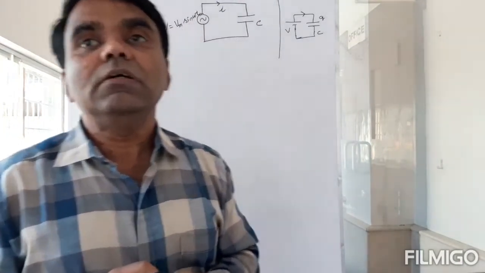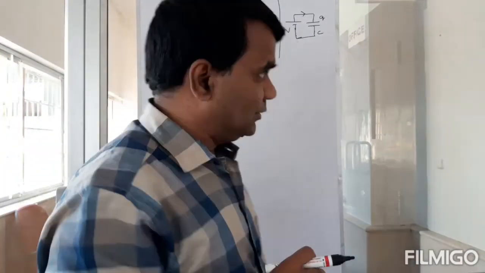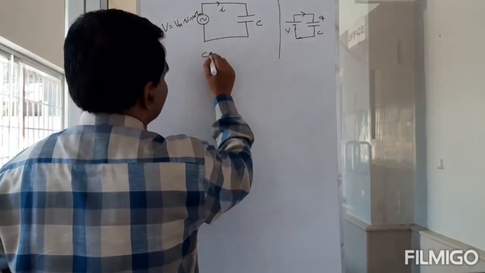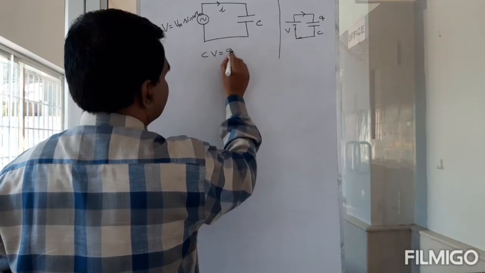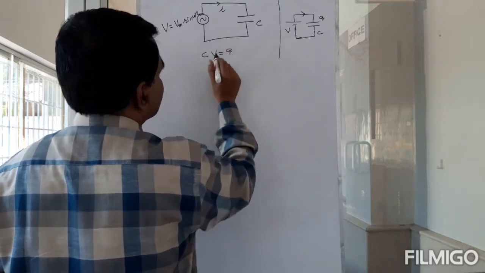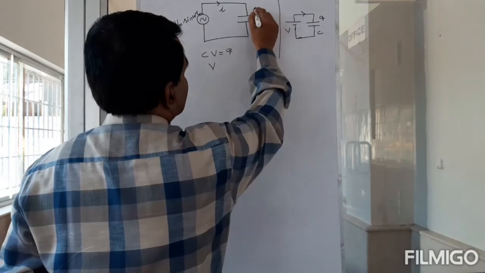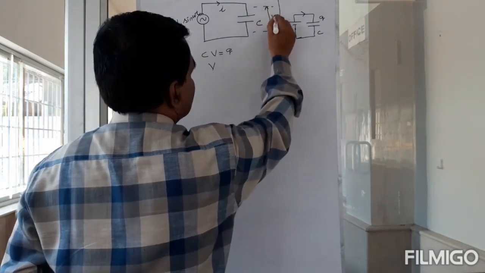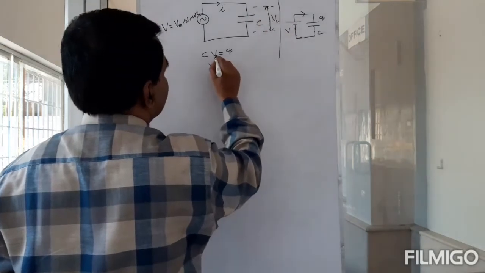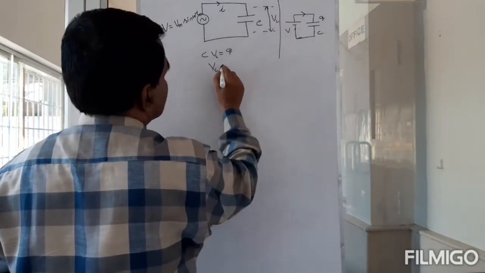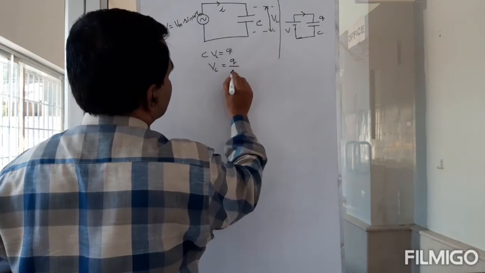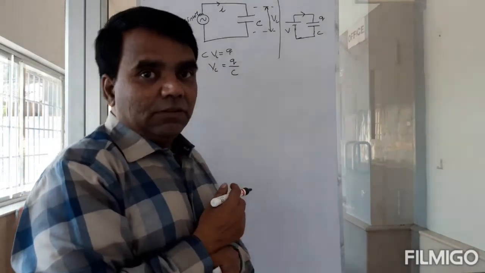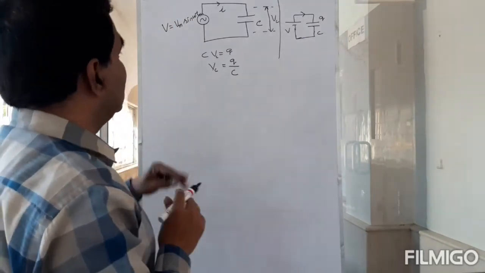Okay. So what do we know? We know that in a capacitor, CV is equal to Q, or V, rather, I'll say V. I can take this voltage across this capacitor as VC. So VC is equal to Q by C. This you know. So what else do you know?